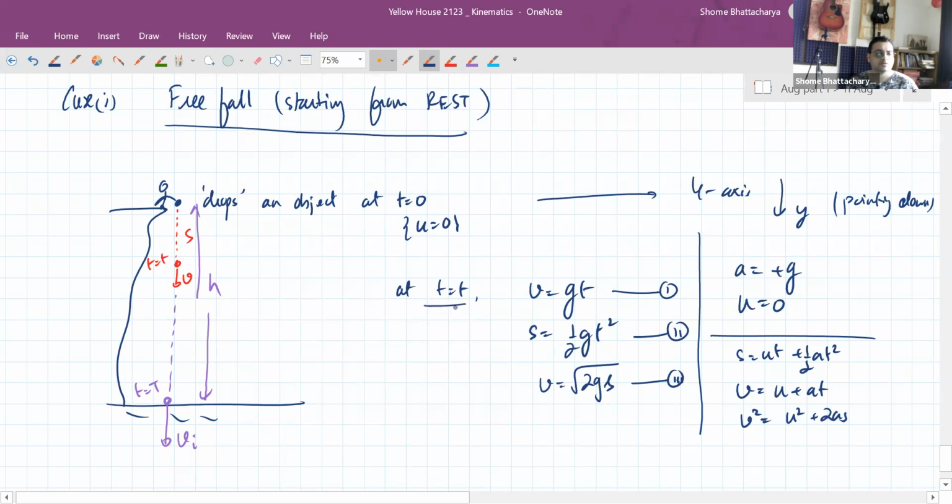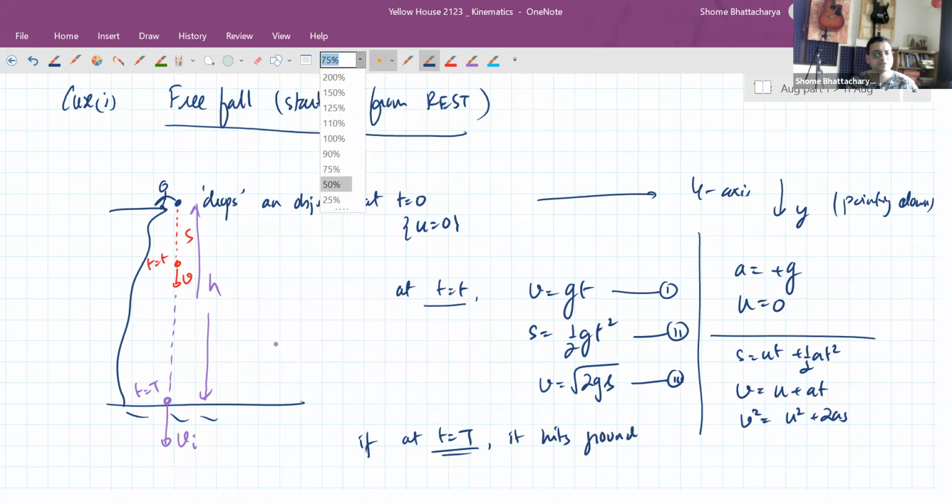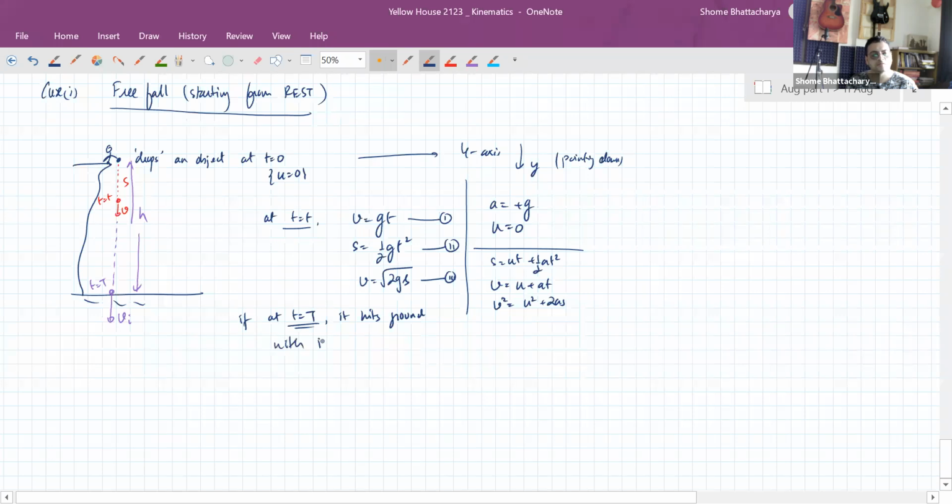If at t equal to capital T it hits the ground, it has an impact velocity vi. From equation 2, we can see that h is equal to half gT square.